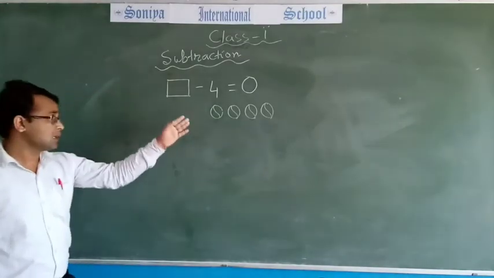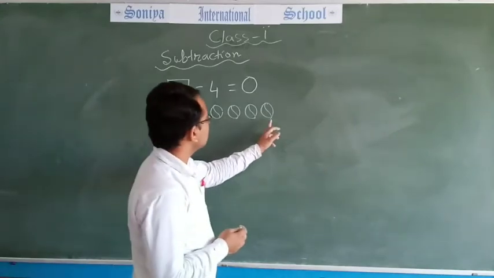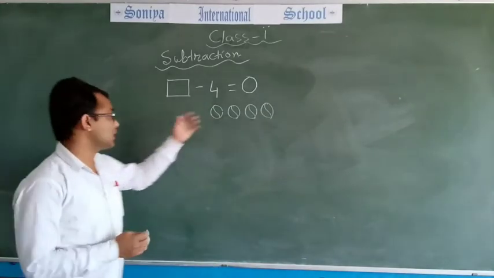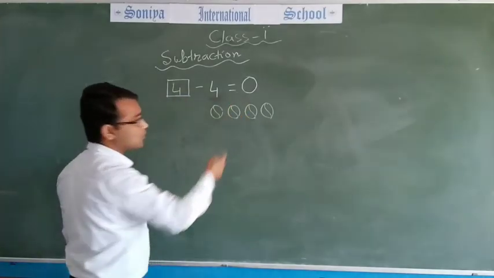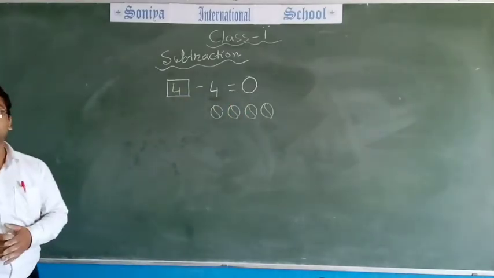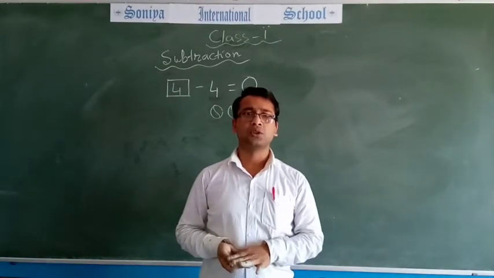Count all together. That means 4 minus 4 is equal to 0.